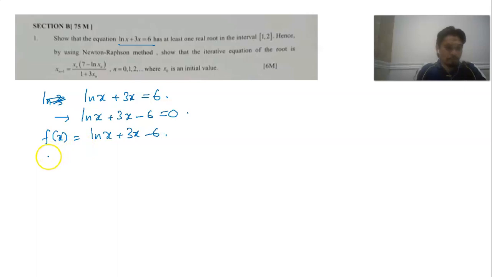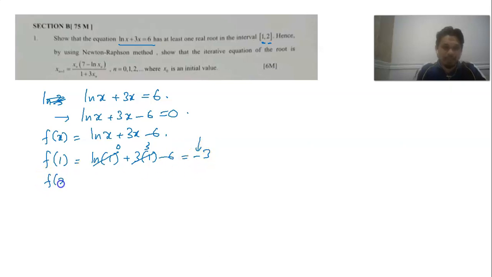So then let's use the interval of 1 and 2. f(1) equal to natural log of 1 plus 3 times 1 minus 6. Natural log of 1, of course, equal to 0 here. So 3 times 1 equal to 3. So 3 minus 6 equal to negative 3. So look at the sign here, negative.